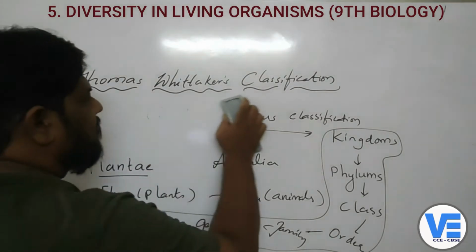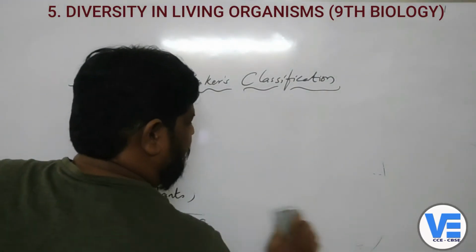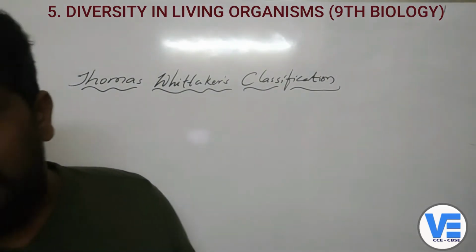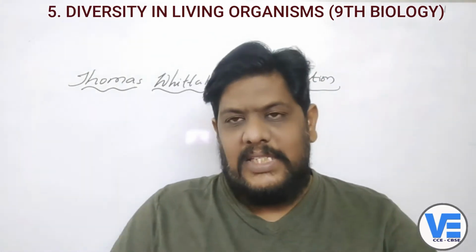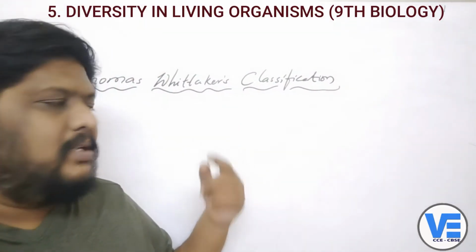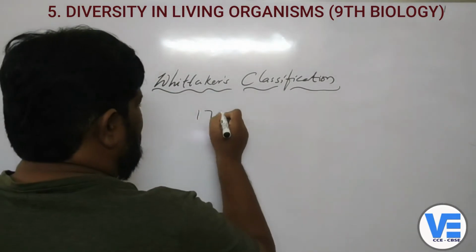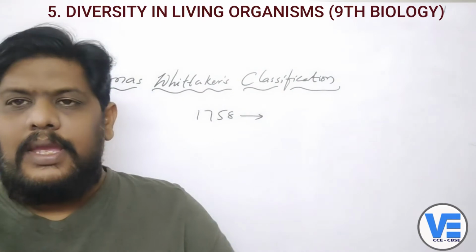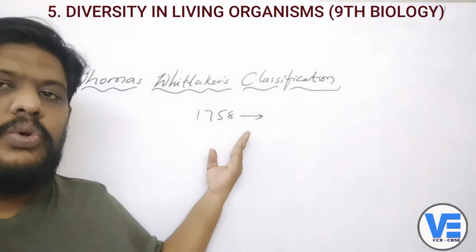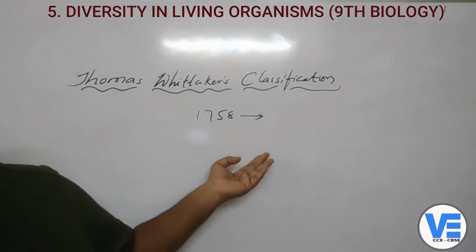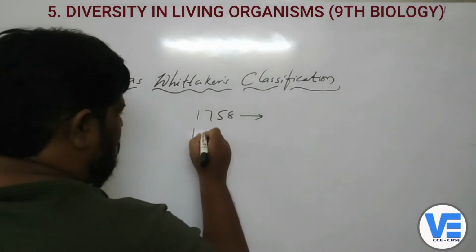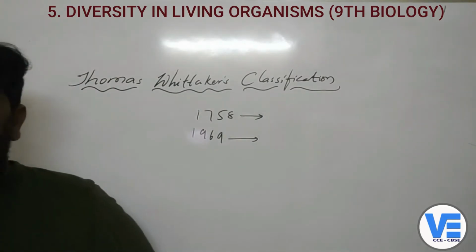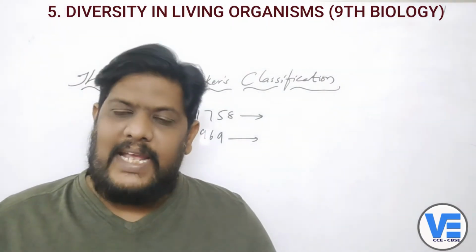Okay, so his name is Thomas Whittaker. The year 1758 is the year Carolus Linnaeus proposed his kind of classification with two divisions. Whereas in the year 1969, there came a biologist whose name is Thomas Whittaker, and he brought another kind of classification.